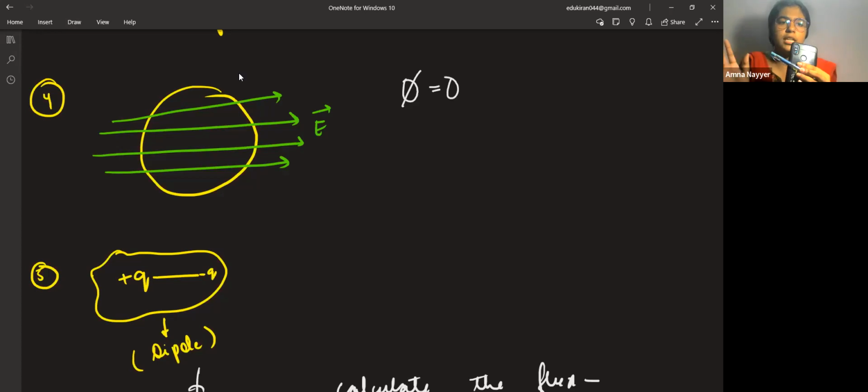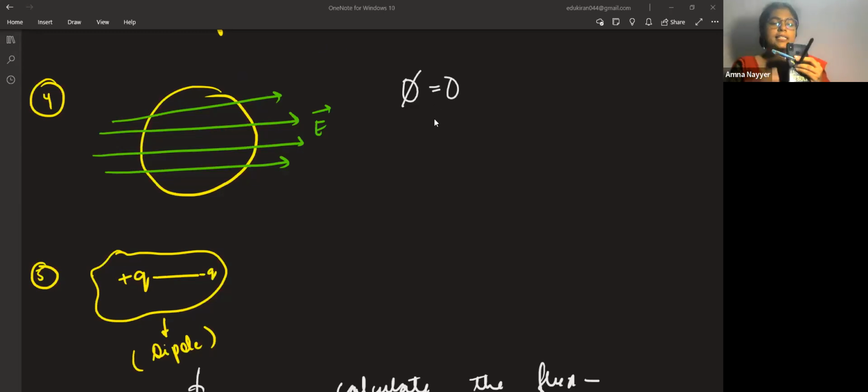Now consider the n cap, the area vector. The area vector is perpendicular. What is the angle being made between the electric field line and the area vector? Theta, how much? 90 degrees.